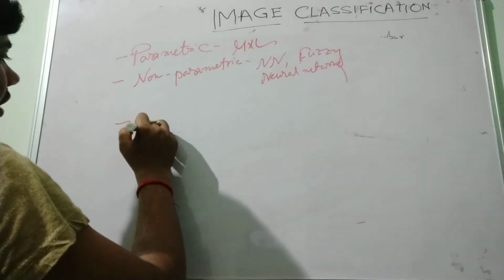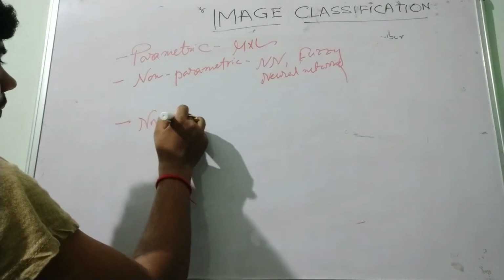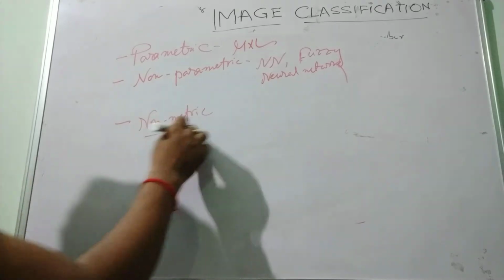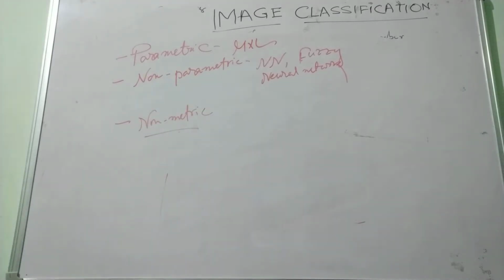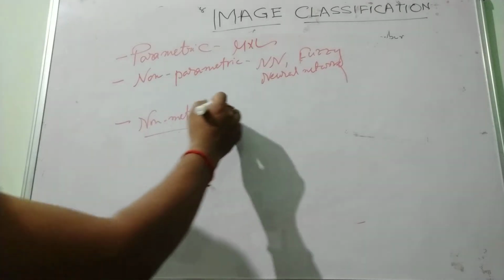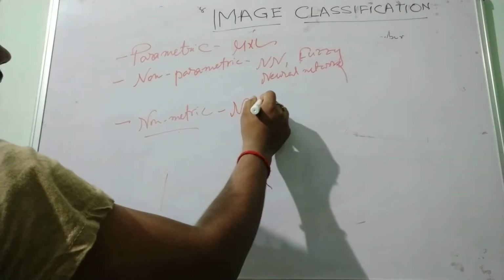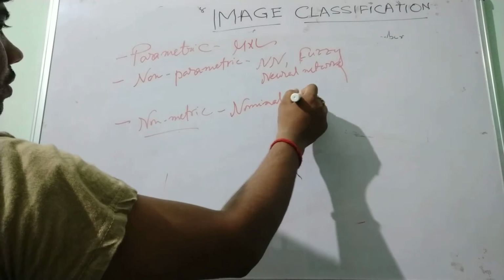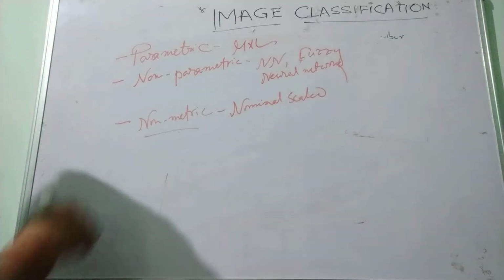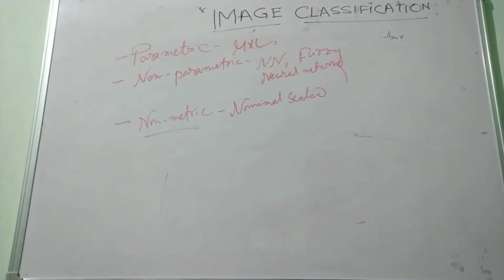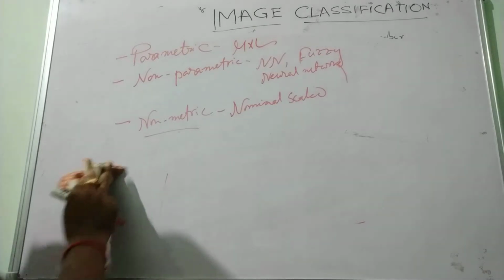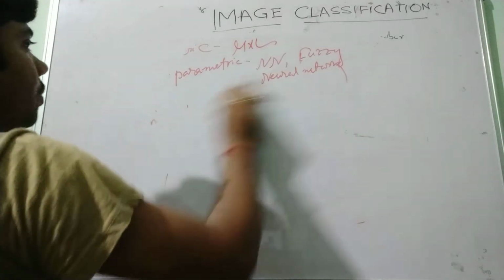And another third category is the non-metric. This classification can operate on both the real value data and the nominal scale data. So these are three basic characteristics of the image classification technique, which is based on the statistical characteristics of the data.